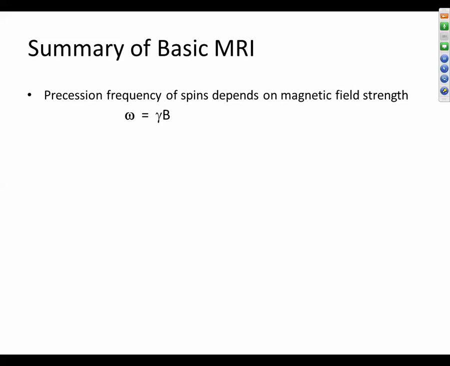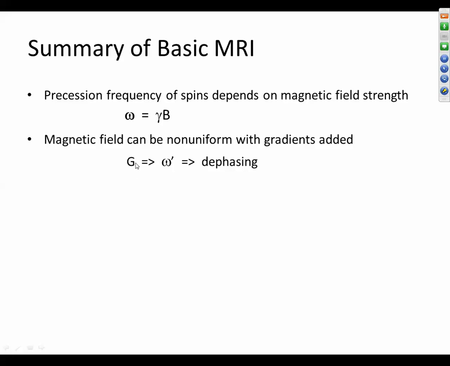So, briefly summarizing the principle of MRI, which is very useful for our understanding of the DWI sequence: the frequency depends on the magnetic field strength, and we can apply a gradient. If we apply a gradient, then the speed will be different, right? It's no longer uniform, it's a linear function. Then the frequency will not be the same, so it's omega prime.